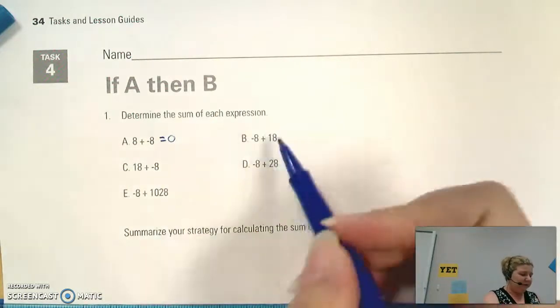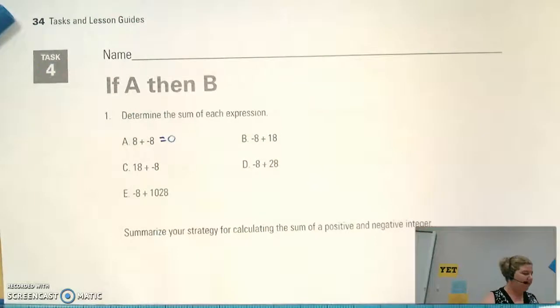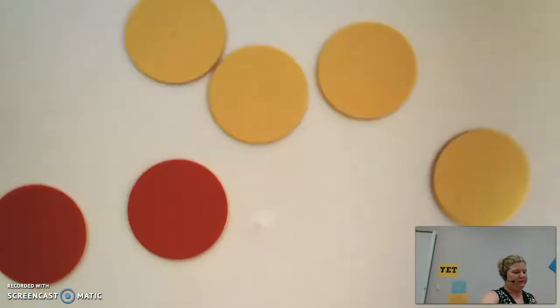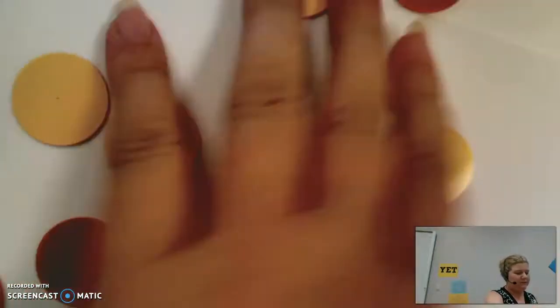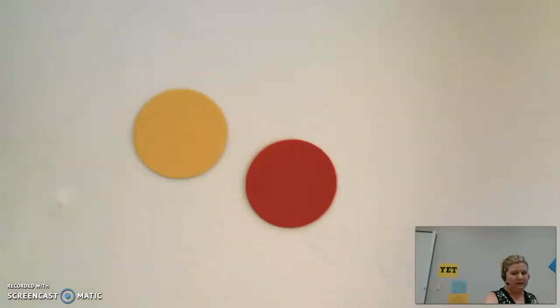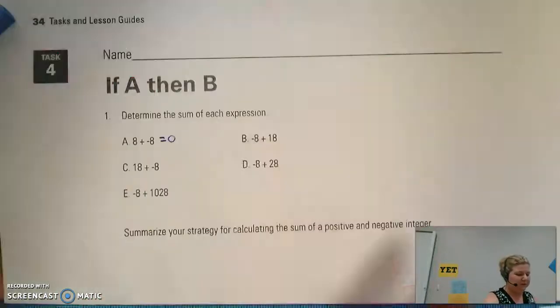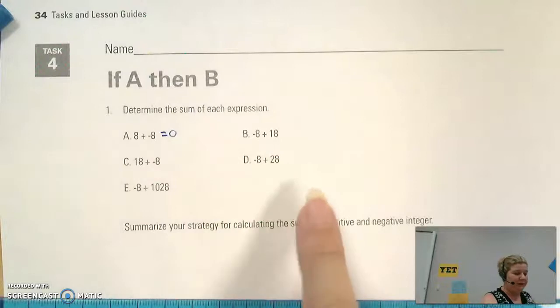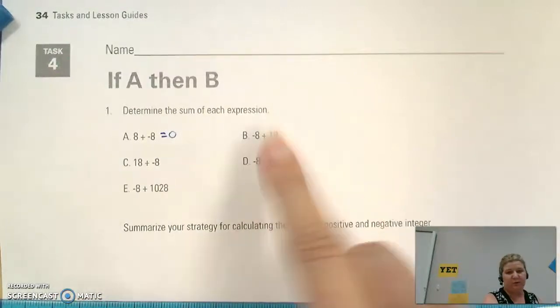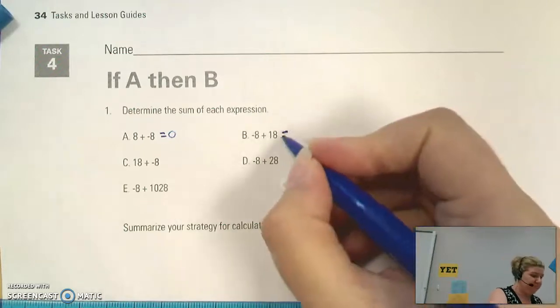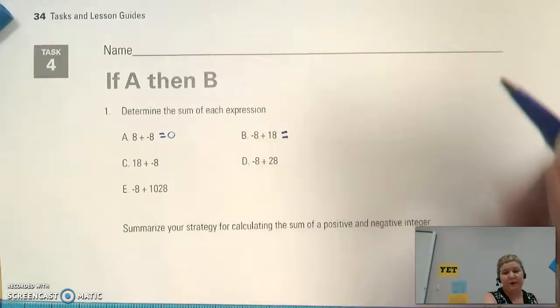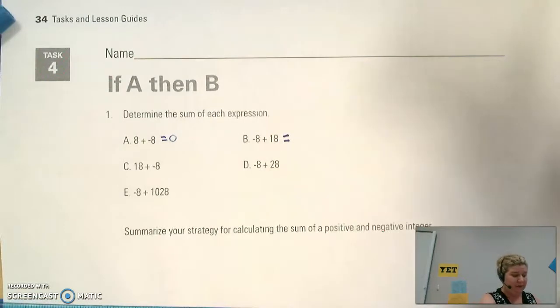So as I'm looking here, the first question I'm going to ask myself is kind of related to these counters. Okay? And I'm thinking of these as positives and negatives. Now I'm not going to build this question, but I am going to ask you, are there more positives or negatives? Okay, there are more positives, which means my answer is going to be positive.